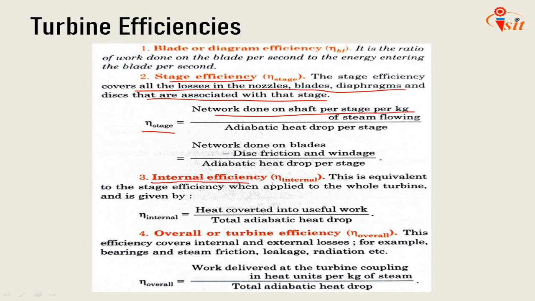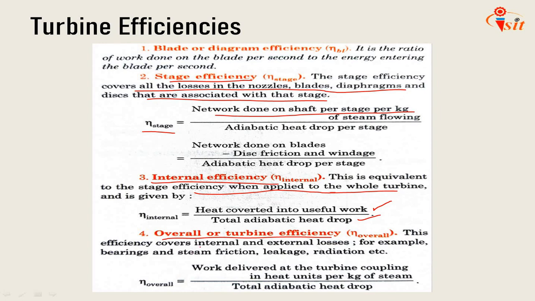Then next is internal efficiency, which is equivalent to the stage efficiency when applied to the whole turbine. Here in stage efficiency we are calculating per stage or each stage. Internal efficiency is for the whole turbine, which is given by heat converted into useful work in the turbine and total adiabatic heat drop. And the last one is overall or turbine efficiency, eta overall.